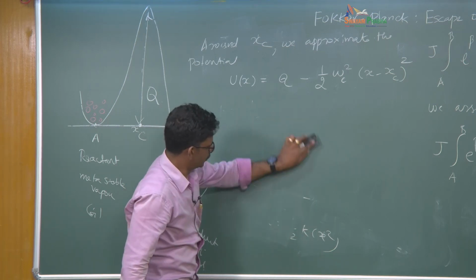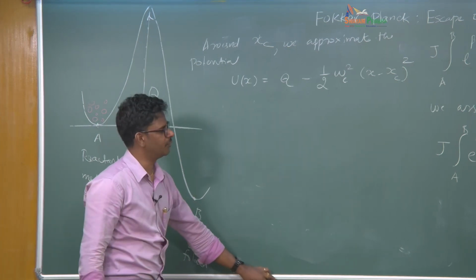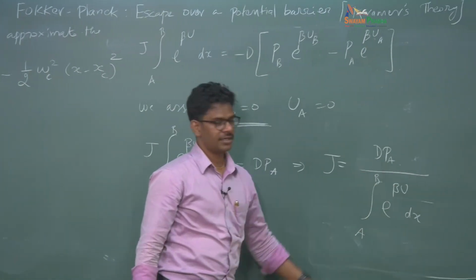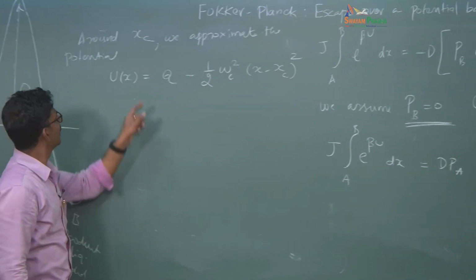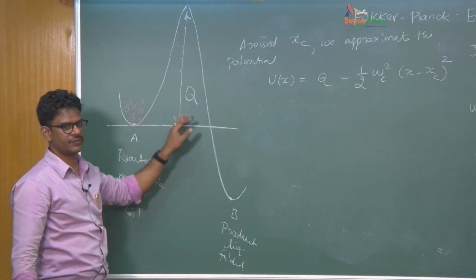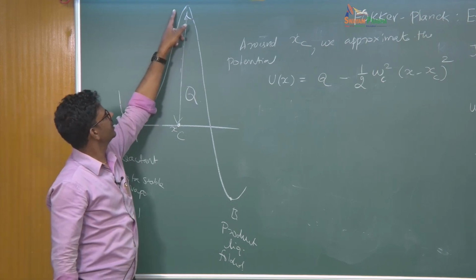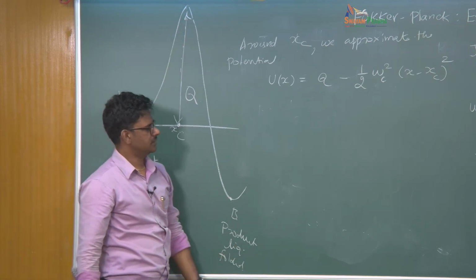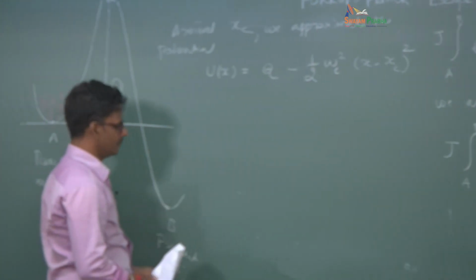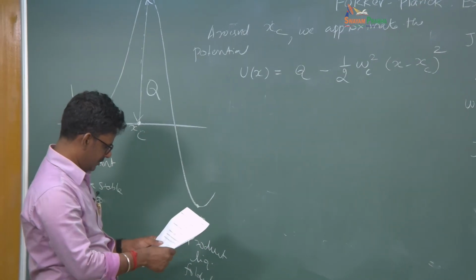Once we approximate the potential, this integral can be centered around here because this potential is the highest one. I already mentioned that this potential is very high. So we can integrate this function using this u, and I will skip the terms here.